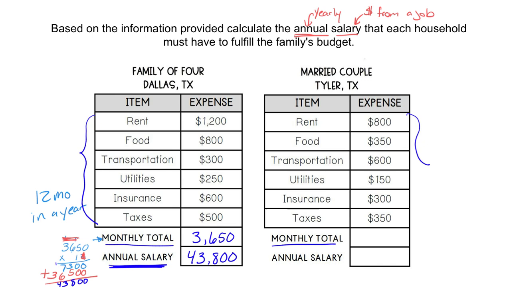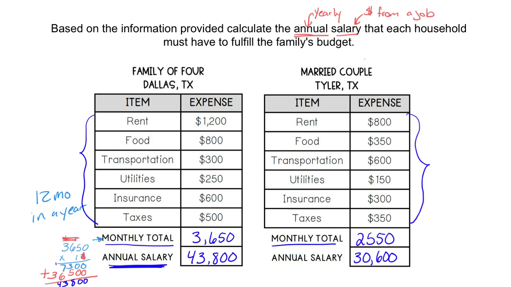I add up all of their expenses, and I get $2,550 a month. Now, in order to figure out their annual salary, I times that number by 12, because remember there are 12 months in a year, and I get $30,600.